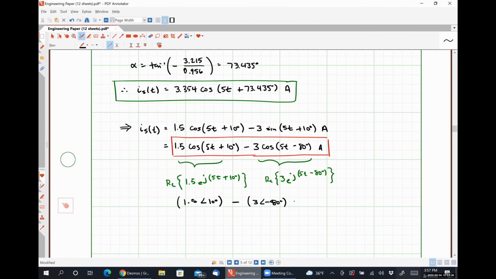And tell me what you get as a polar form complex number, I would prefer that one first, and then a rectangular form complex number.